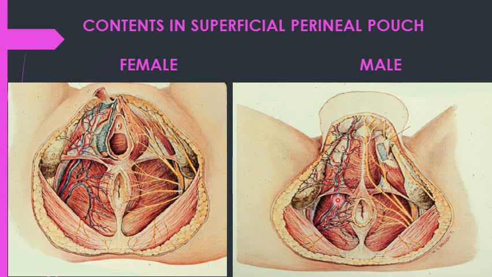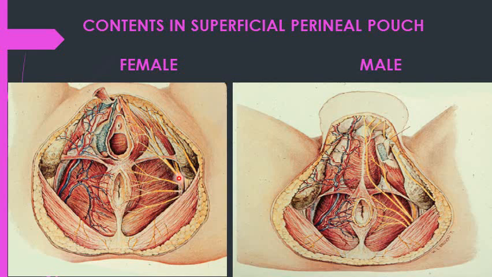First of all, these vessels enter into the deep pouch, and then by piercing this perineal membrane, they reach the superficial perineal pouch. You can also see here that the perineal branches of the internal pudendal artery and this nerve first of all enter into the deep pouch and then pierce the perineal membrane and enter into the superficial perineal pouch.